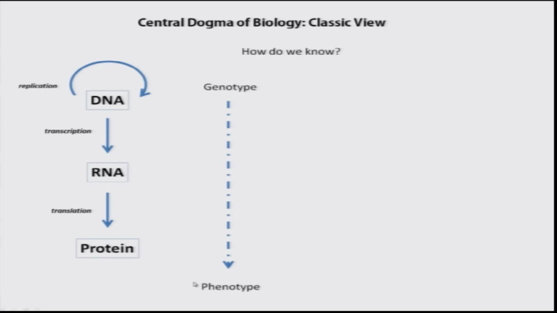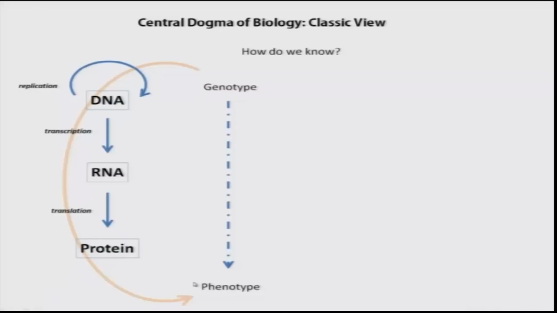Human geneticists looked at, for example, the characters that you see, whether it is your attached earlobe, whether you are able to roll the tongue, and of course other manifestations like whether you are abnormal, whether you have a disease that runs in the family. There are many such characters that are looked at, and people were able to tell that the information for these phenotypes or expressions is hidden in what you call your genome.